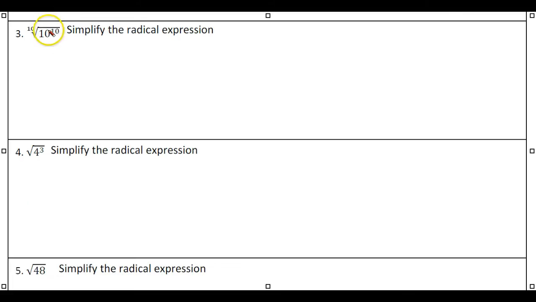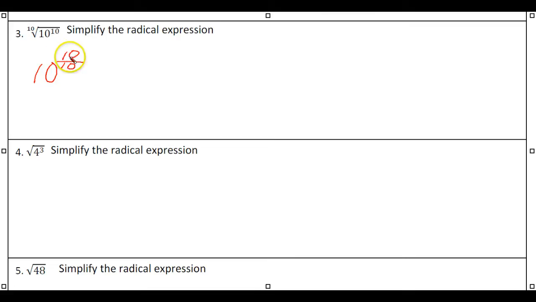In example 3, if we convert this from its radical form to its fractional exponential form, again we take away the radical sign, write our radicand as the base. The exponent to which the 10 is raised becomes the numerator. The index number becomes our denominator.